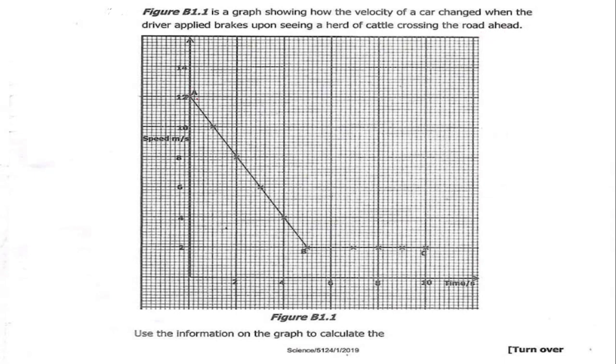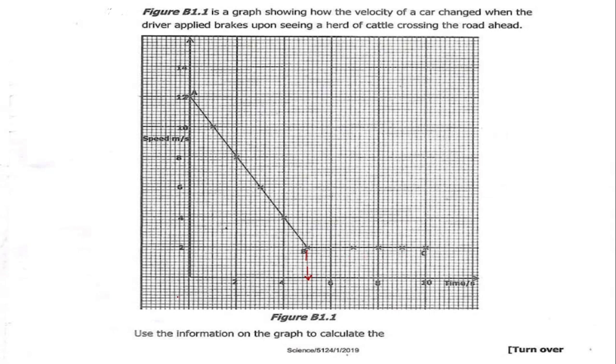When the brakes were applied, this car started retarding, from 12 down to 2, then it maintained the same velocity at 5, up to 10.